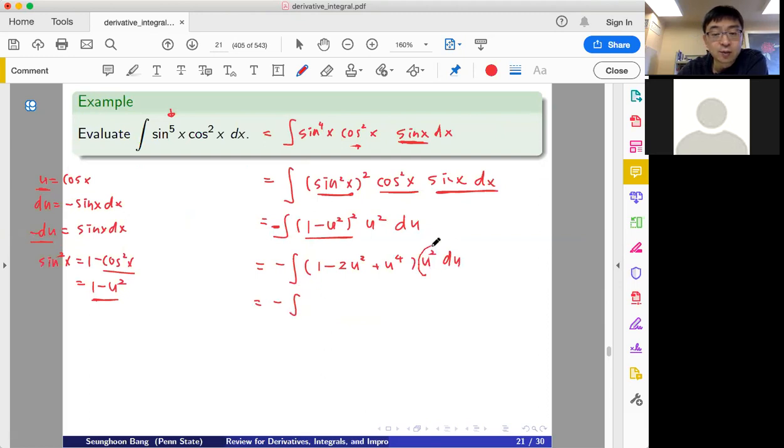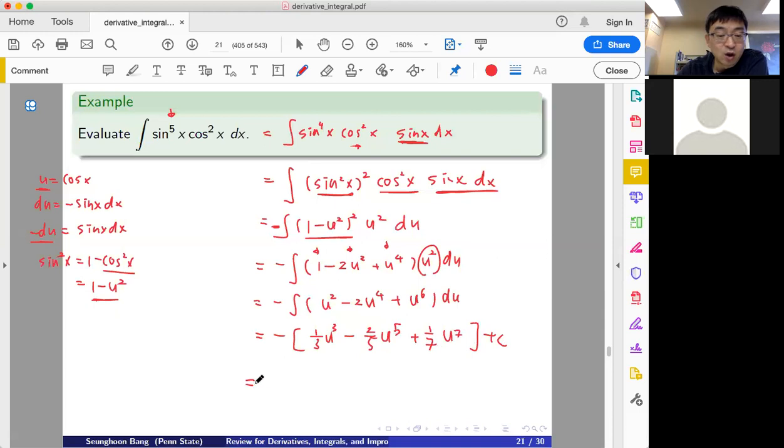You have to distribute u squared to the first, second, and third terms: u squared minus 2 u to the 4th plus u to the 6th du. You can find the antiderivative: 1/3 u cubed, negative 2/5 u to the 5th, plus 1/7 u to the 7th plus c.